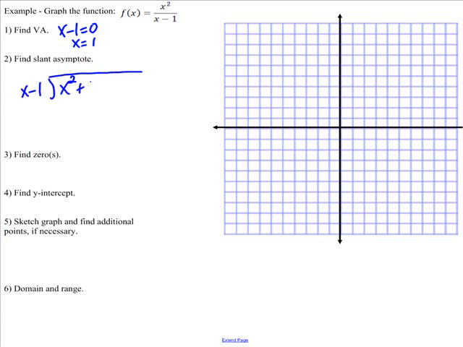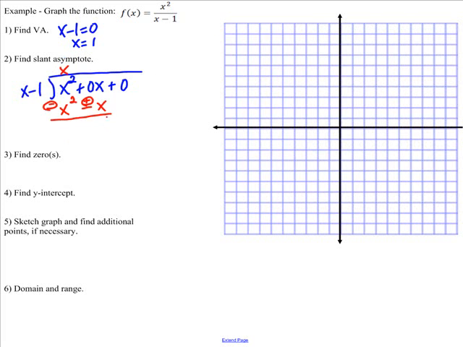Now you might recall we need to put in some placeholders for the other terms. So if we say x goes into x squared, we will get what? x, right? x times x is x squared. x times negative 1 is a minus 1x. Now we need to change the signs because we're subtracting.